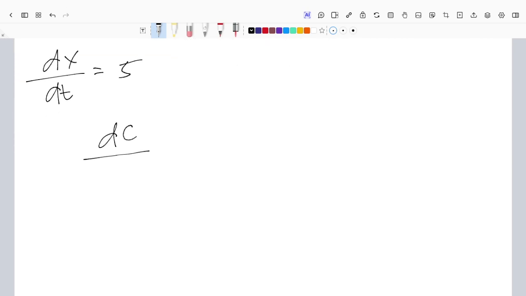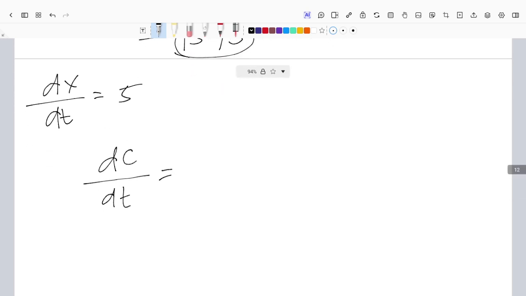dc over dt equals 1,595 multiplied by 5.